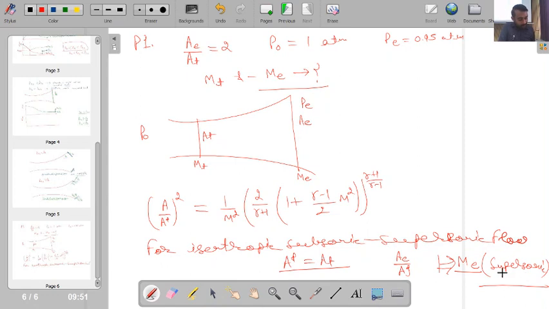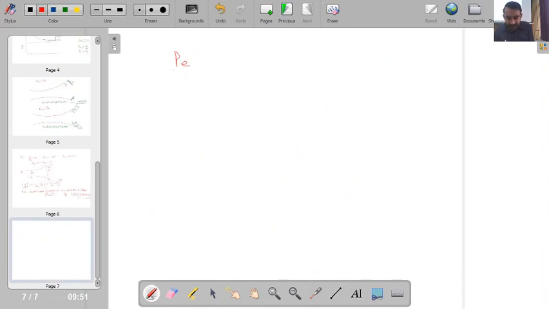Now I can put this value of supersonic Mach number into the stagnation pressure relation, and I can determine the pressure ratio. Okay, so if you recall from the previous lecture, we have derived the pressure ratio P0 by PE as (1 plus gamma minus 1 by 2 ME square) whole power gamma by gamma minus 1, where ME is the Mach number at the exit.